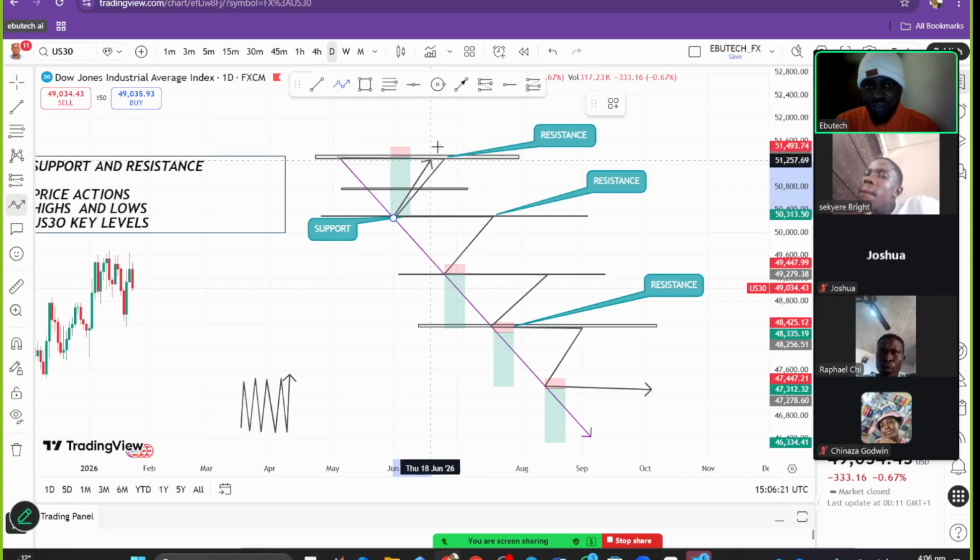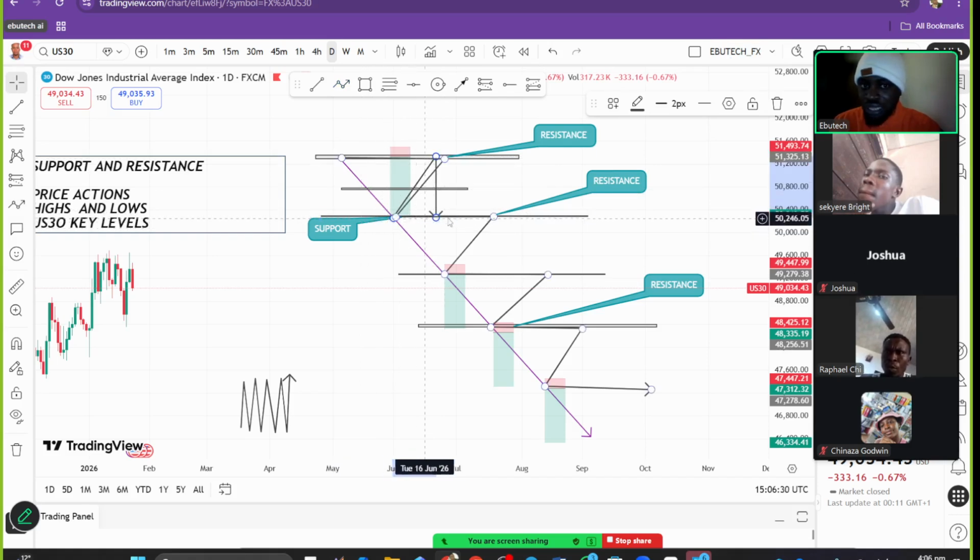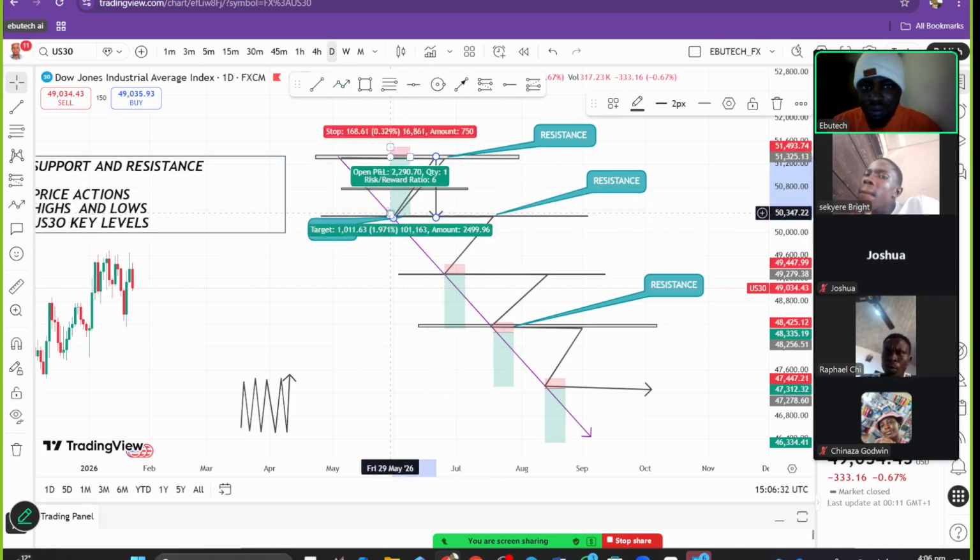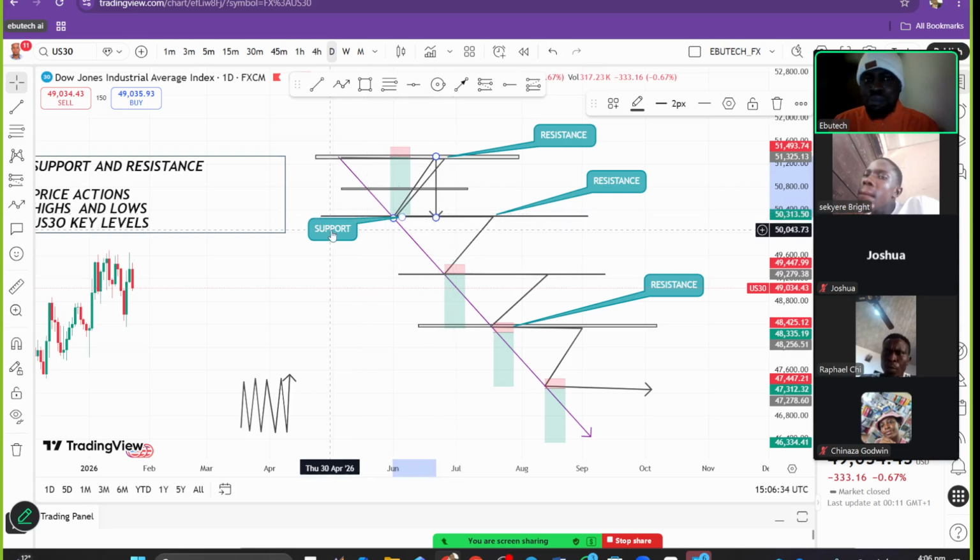If it comes to this level again, you can now sell. It will push you down again to this support level. When it pushes down to this support level, don't buy, because this is where the buyers are, but the buyers here are not many because the market is a downtrend.